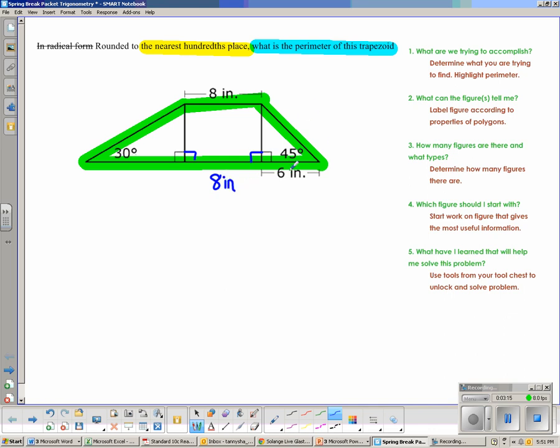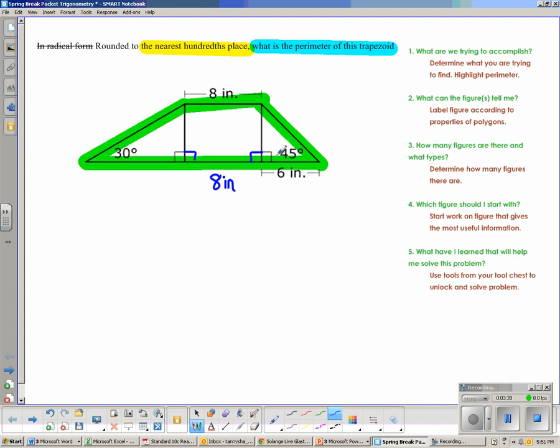Okay, is there any other labeling we can do? Let's see, we have this here, this here. As of right now, there is no other labeling that we can do. Just for your information, there is something we can do. Whenever you see a 45-degree angle within a right triangle, the other leg is the same measurement as the other one. So this is actually 6 as well. But we're going to solve for it in the problem.